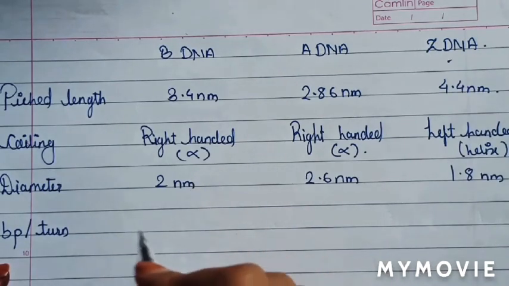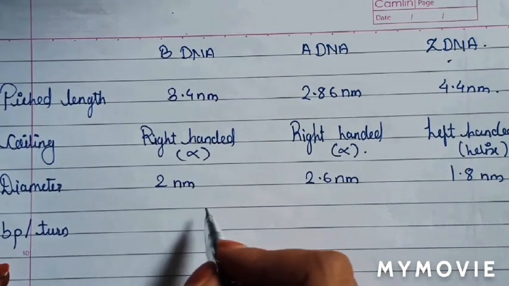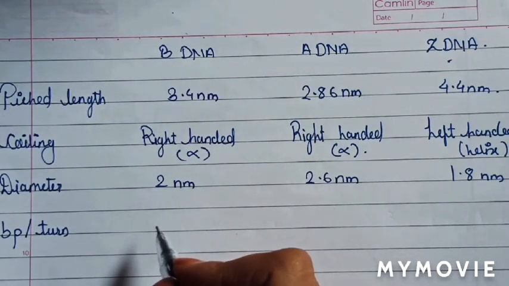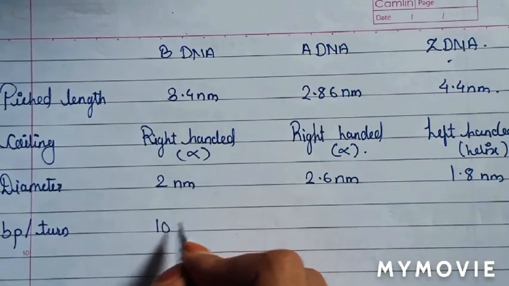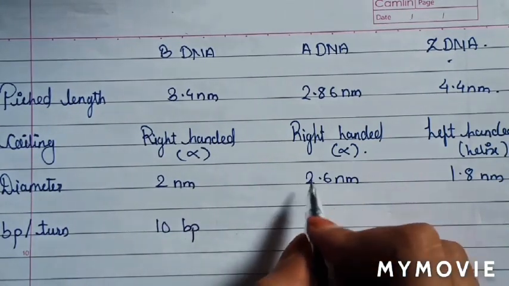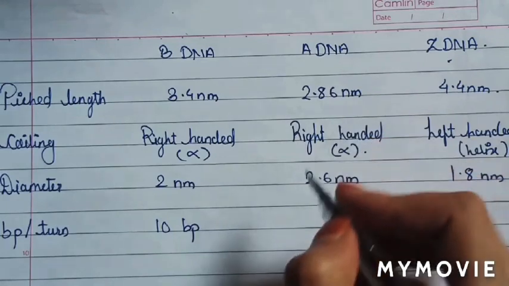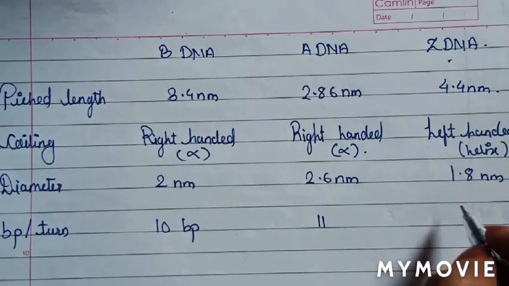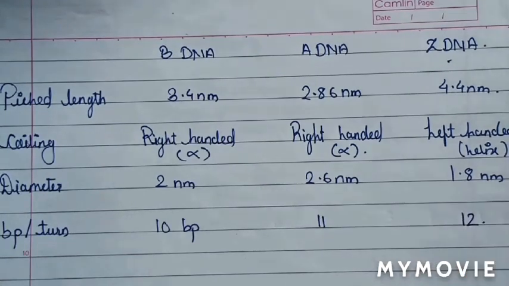Now we are talking about base pairs per turn. We know that one turn of 360 degrees has 10 base pairs in case of B-DNA. In case of A-DNA, there are 11 base pairs, and in case of Z-DNA, there are 12 base pairs.